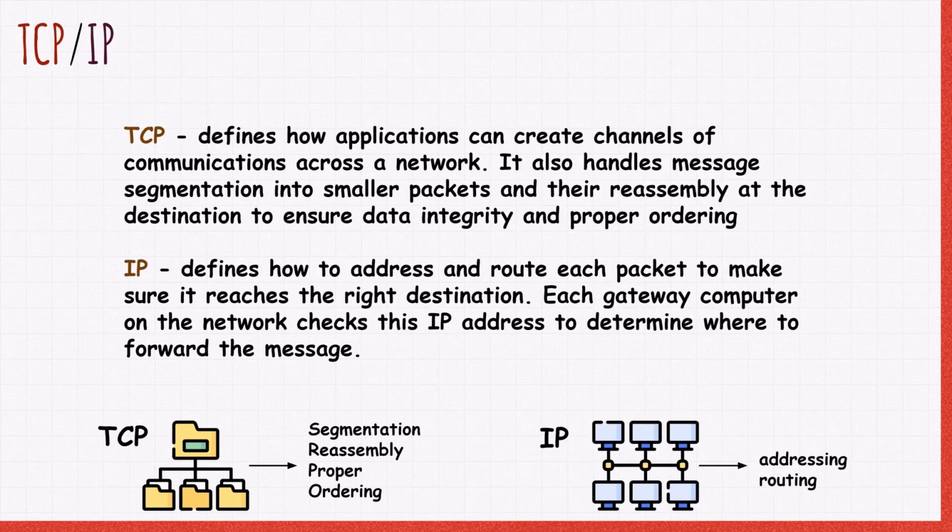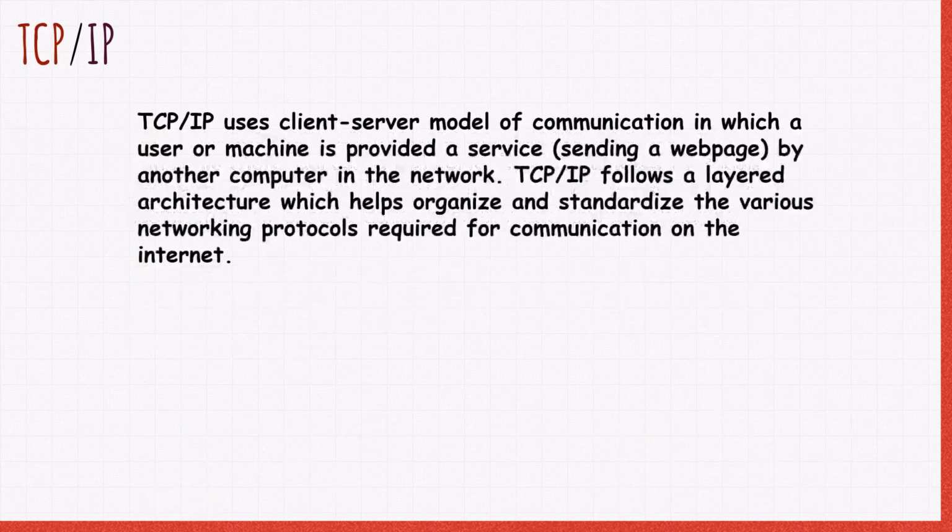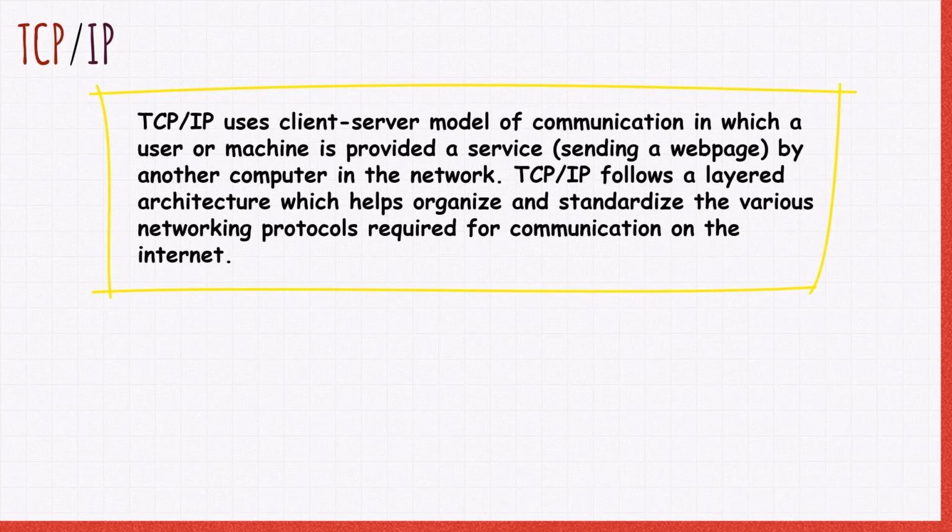But how does it work exactly? Well, TCP/IP uses the client-server model of communication in which a user or a client or a machine is provided a service, like for example sending a web page, by another computer or a server in the network. TCP/IP follows a layered architecture which helps organize and standardize the various networking protocols and functions required for communication on the internet.